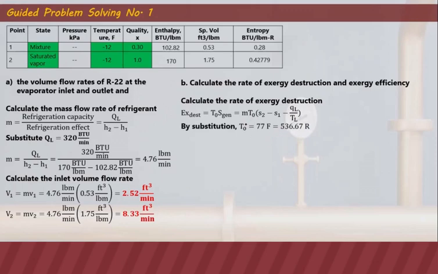However, our TO is given, and that is 77 degrees Fahrenheit, and we need to convert that to Rankine so that we can use this equation. So substituting the values for the mass flow rate, we have TO, the entropy at 2, entropy at 1, our H2 minus H1, and the temperature of the refrigerated space in Rankine.